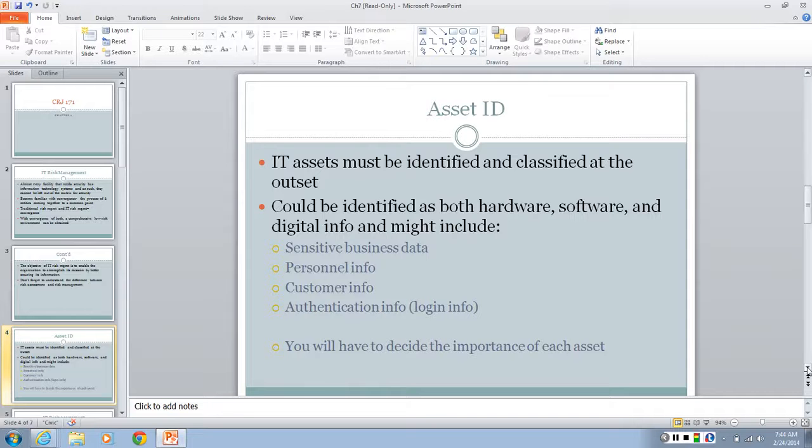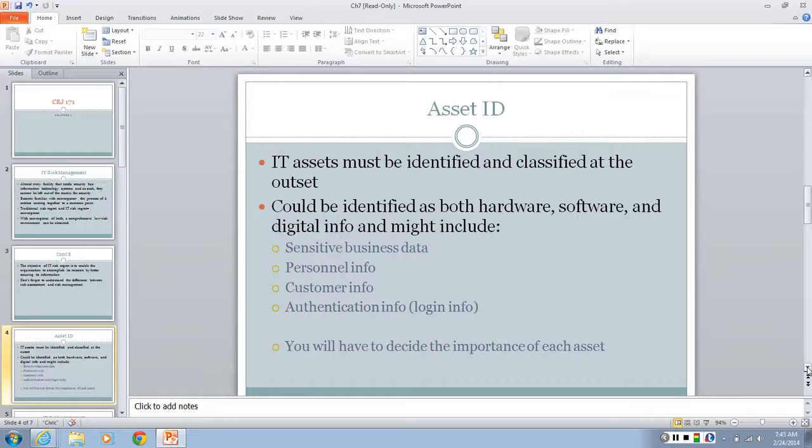Typically the software is what becomes an issue if your system gets hacked. And then once we input employee information or production information into the system, and the software is doing what it's doing in order to process that information, then that digital information is also considered an asset. So digital information might include sensitive business data, results from testing, secret recipes.